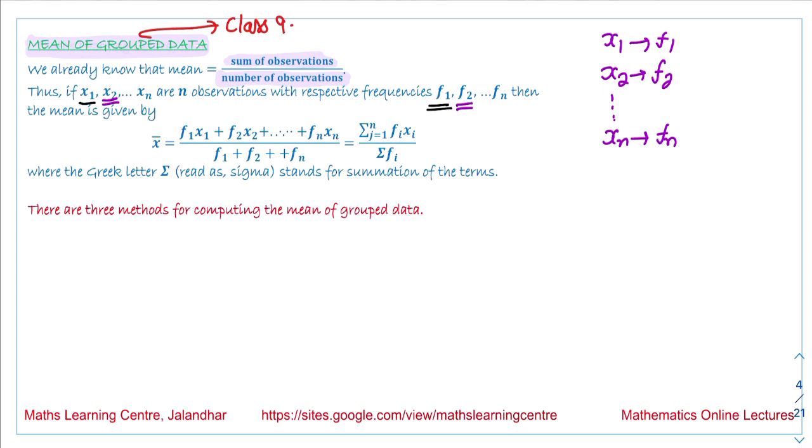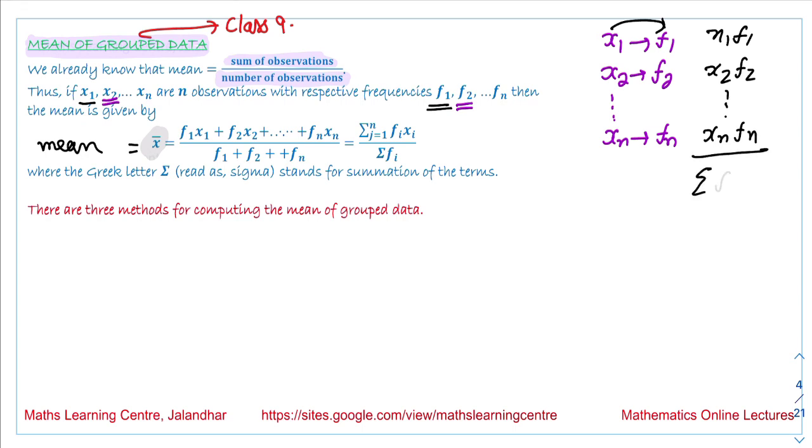Then the mean of this data is given by x bar. X bar represents the mean, and the value of the mean we get by multiplying these terms: x1 f1, then x2 f2, so on up to xn fn. Then we sum all these values.